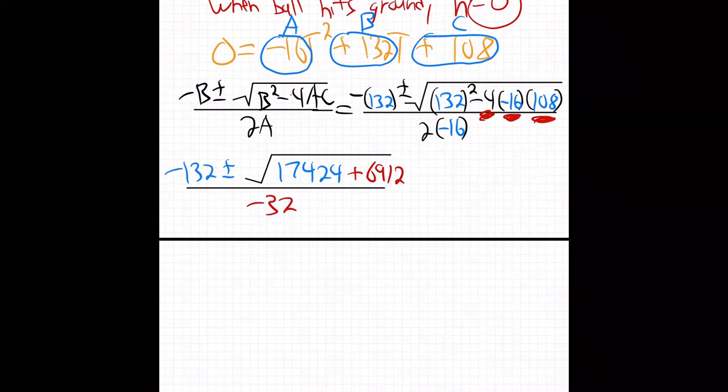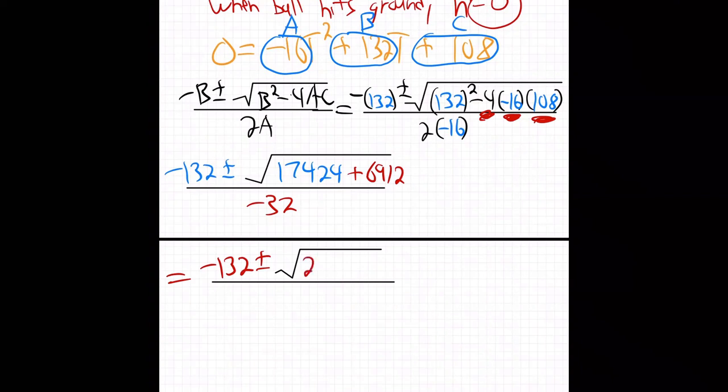All right, so keep going. This is going to equal minus 132 plus or minus, let me see, 17424 plus 6912.